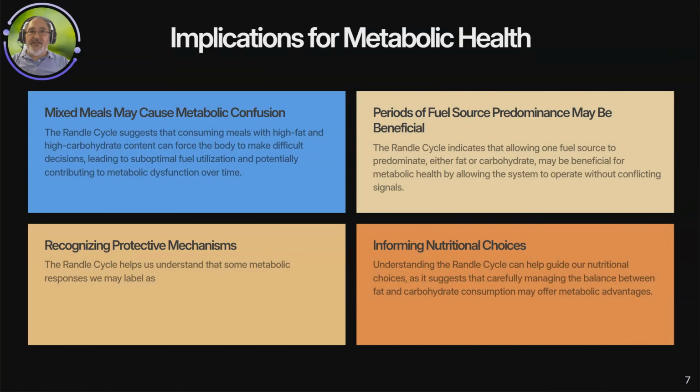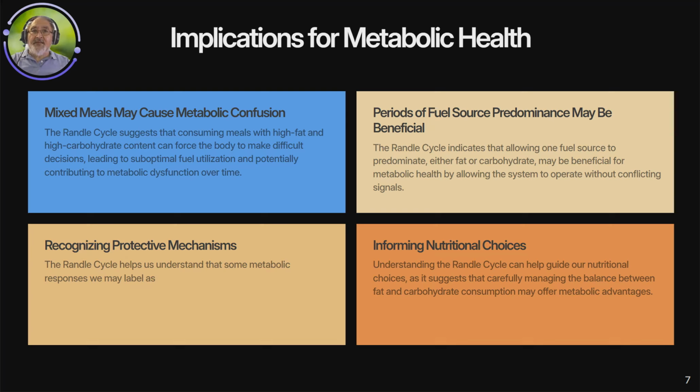Understanding the Randle cycle changes how we think about metabolism and nutrition. It reveals that our bodies have sophisticated mechanisms for fuel selection that prioritize cellular protection. Consuming meals with high fat and high carbohydrate content forces the Randle cycle to make difficult decisions. The mixed signals can lead to suboptimal fuel utilization and potentially contribute to metabolic dysfunction over time.